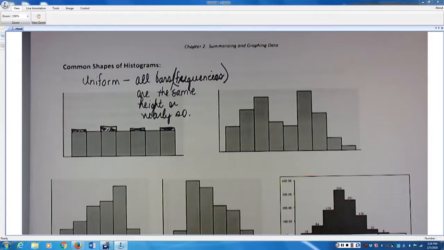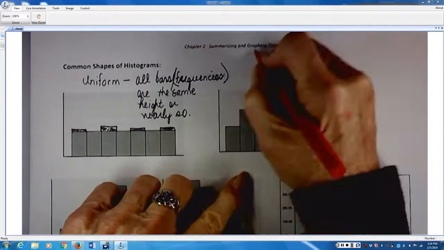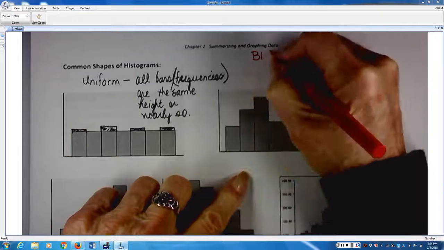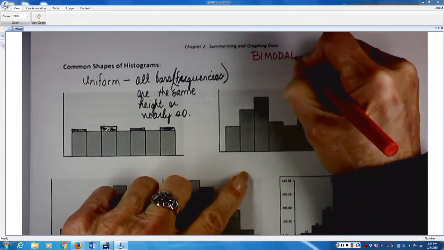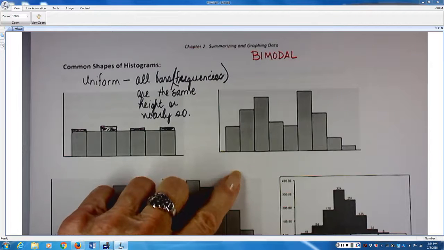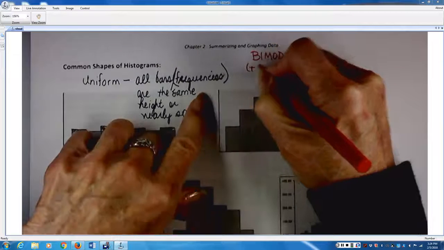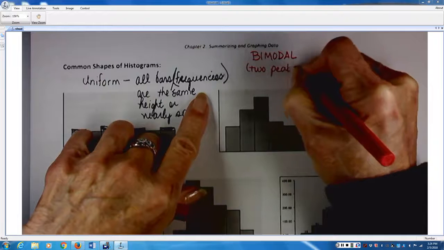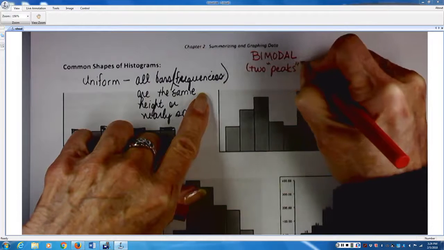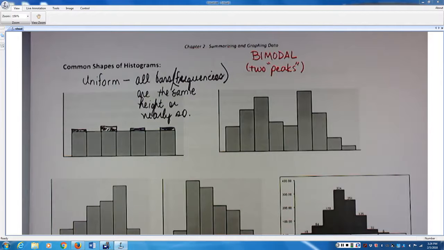The next one is a histogram that we call bimodal. That means it has two peaks. And this is two distinct peaks.